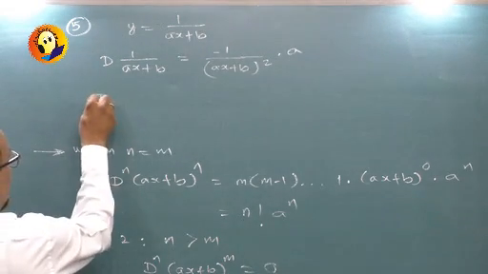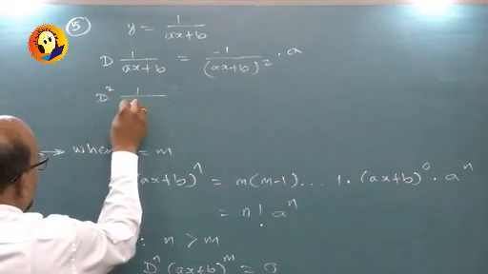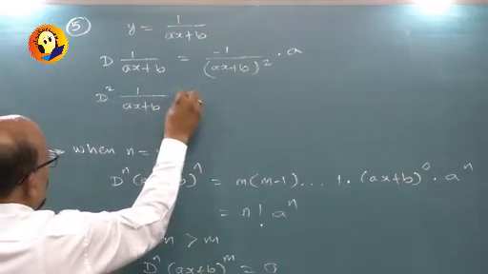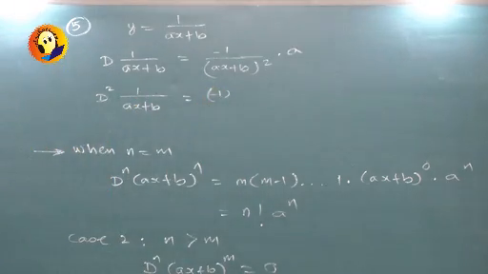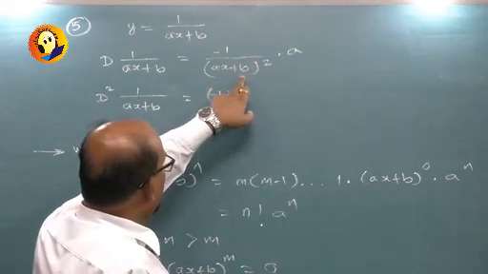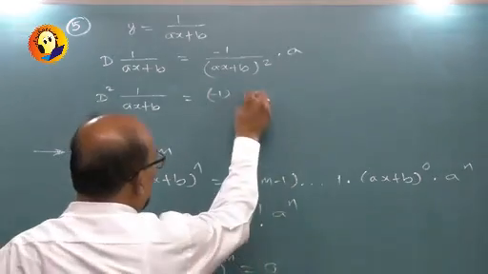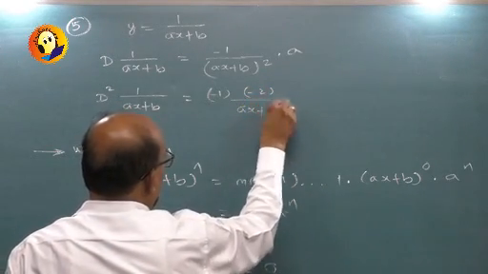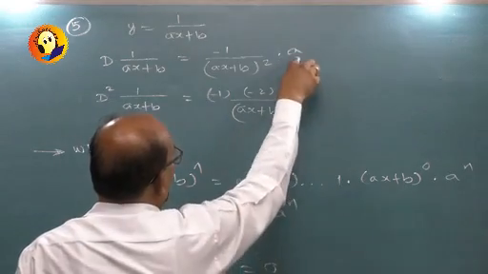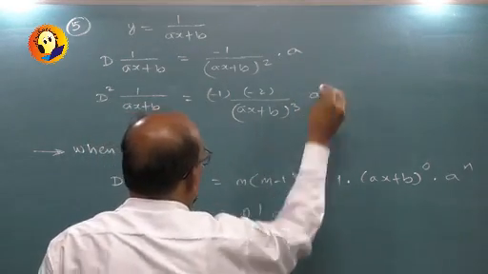If I differentiate it again, the second derivative of 1 upon ax plus b, then minus 1 is already there, right? The derivative of 1 upon (ax plus b) squared will be minus 2 upon (ax plus b) cubed. One a is there and one more a, so a square.